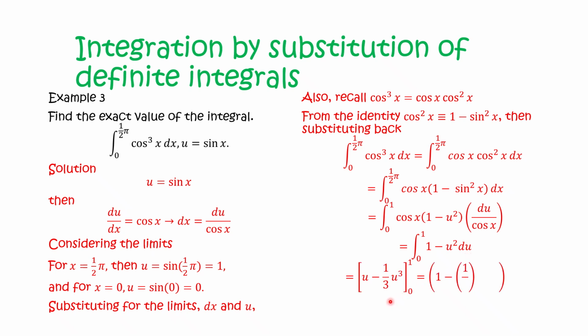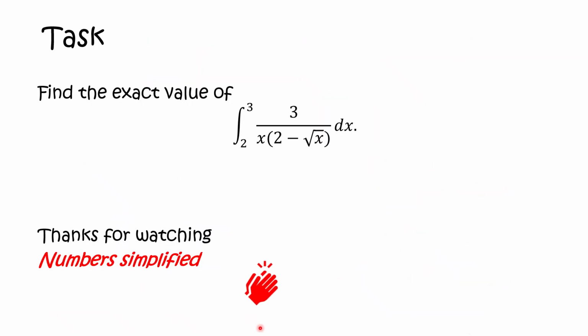With that, now we substitute the limits. We are going to have 1 minus 1 over 3, 1 to the 3, minus 0. So with that, our final answer for that original integral is 2 over 3.